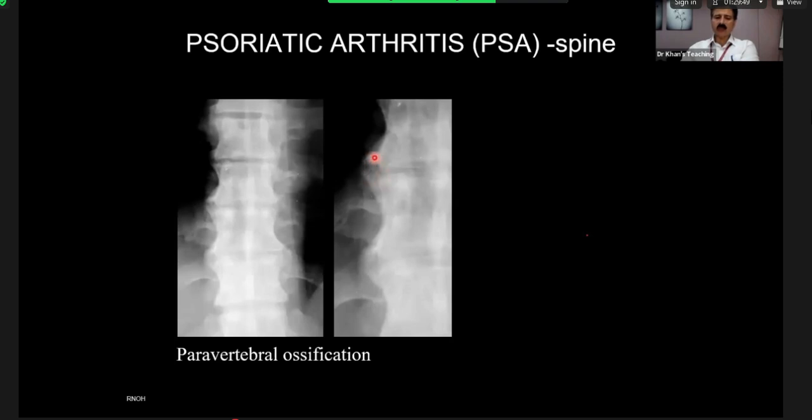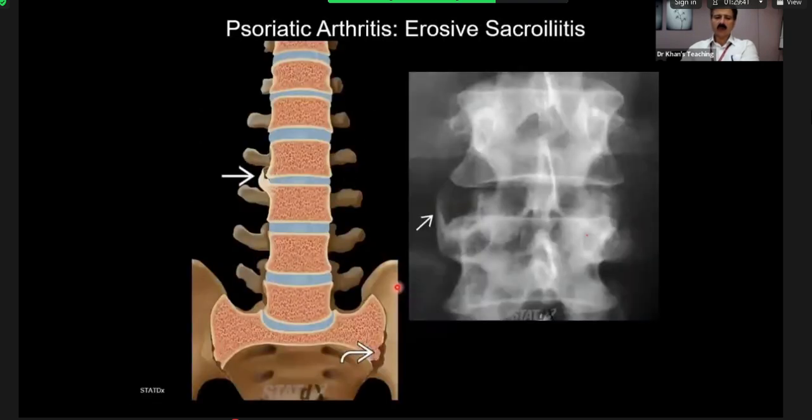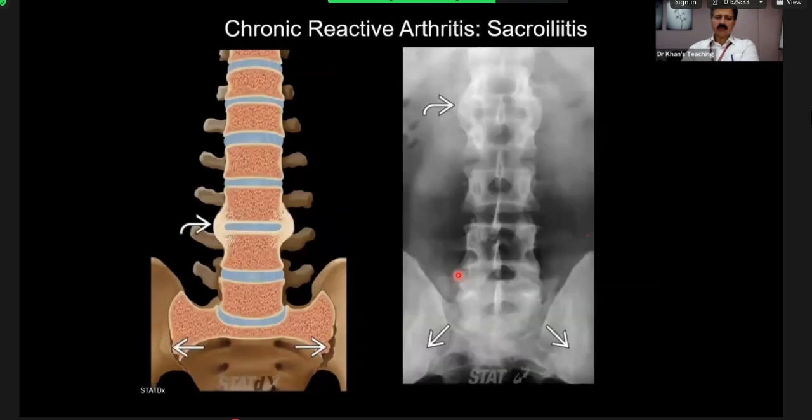Syndesmophyte will be here, number one. Number two, syndesmophytes will be at multiple levels and they will be quite symmetrical. So this is how you differentiate between them. And this is a bridging type of paravertebral ossification. You see, it has bridged.